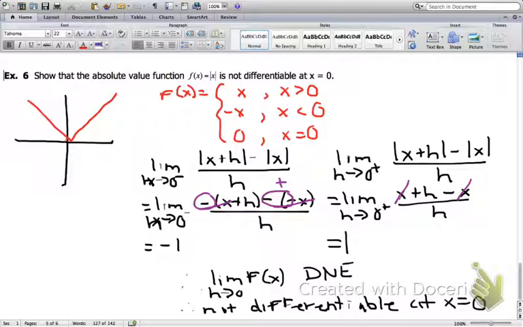And you can also see that because this is what we would refer to as a cusp point.